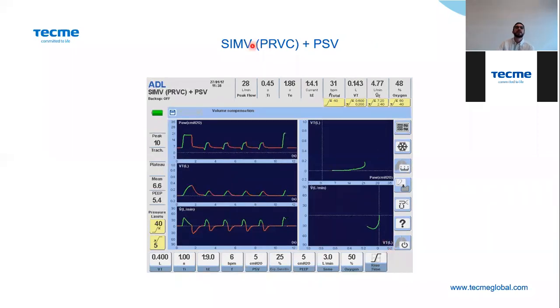Finally, we have SIMV, PRVC plus PS. Again, the mandatory breaths here and here are delivered by pressure regulated volume control, and then between them you have pressure support ventilation if there is an inspiratory effort.